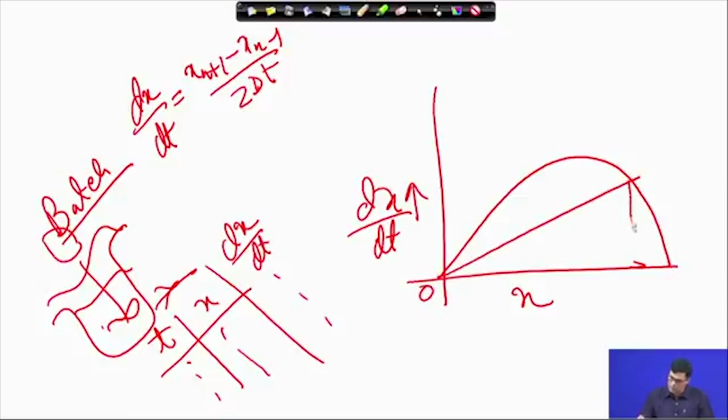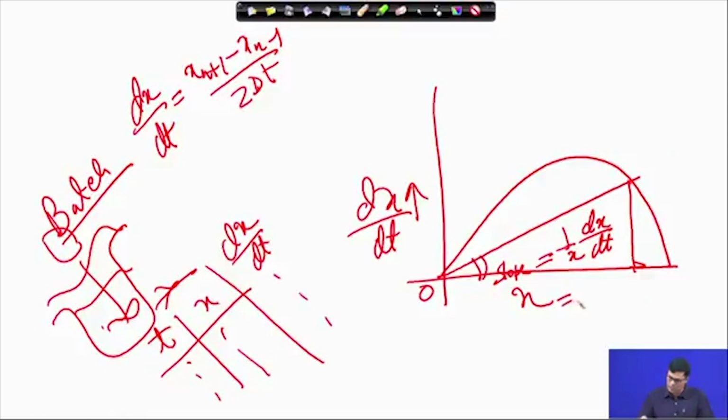Slope is tan theta, which is altitude by base. Am I right? So, it is dx by dt times 1 by x, and this is equal to the slope. This angle is like this.